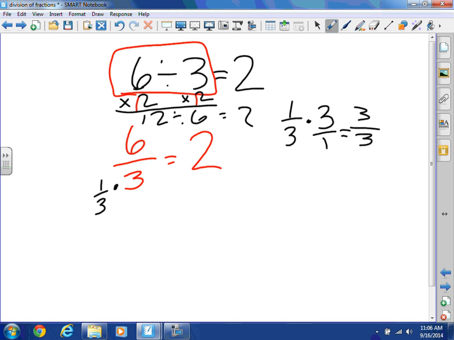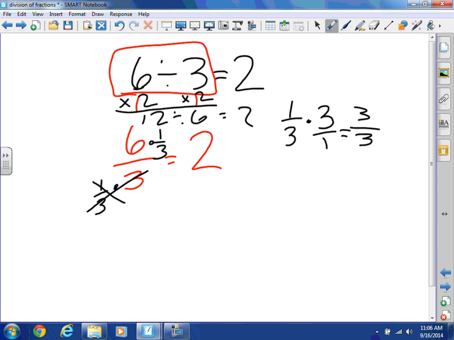What did I have to do? I multiplied both numbers by the same factor. So if I'm multiplying the divisor by 1/3, what do I have to do with the dividend? Multiply the same number by 1/3. So I'm going to multiply this by 1/3.